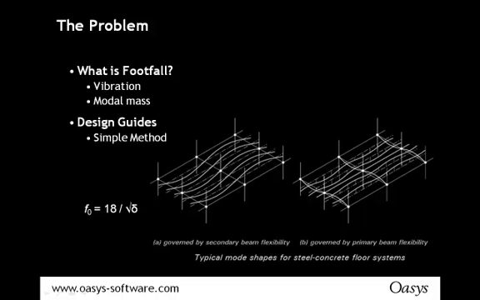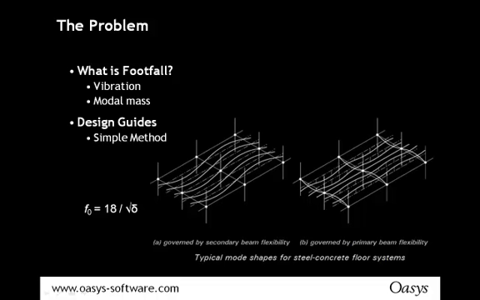Now, both the AISC and the SCI methods include what we call simple methods for an analysis. This means for your given floor, you need to assess an equivalent typical bay, and then work out the first couple of frequencies.